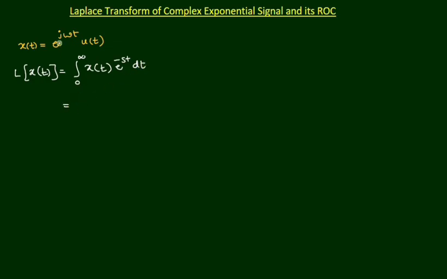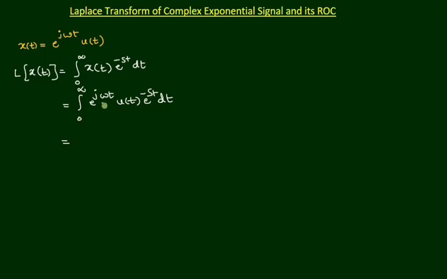Now x of t is given as the complex exponential signal e power j omega t, so we write here the integral over 0 to infinity e power j omega t u of t e power minus st dt.